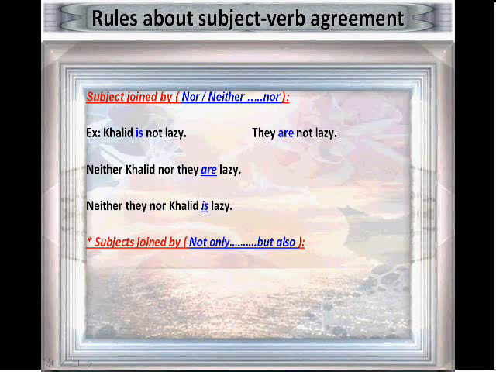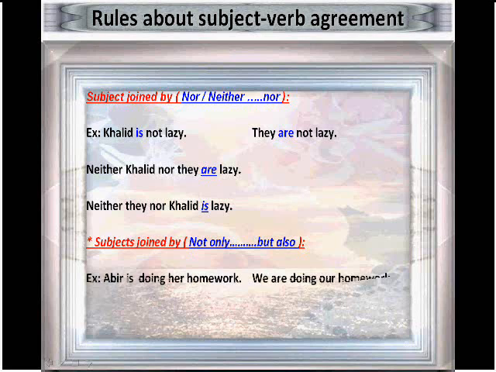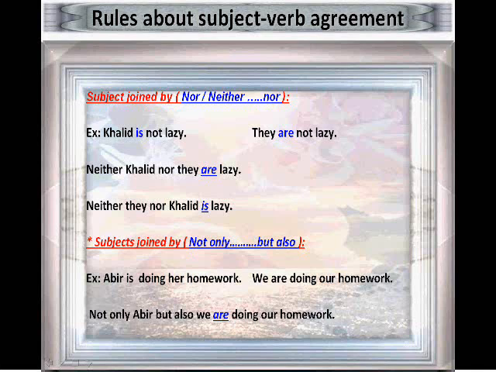Another rule we are going to look at is that the verb agrees with the nearest subject if the subjects are joined by not only but also. Abir is doing her homework. We are doing our homework. So if we join these two sentences using not only but also, it will be like this. Not only Abir, but also we are doing our homework.